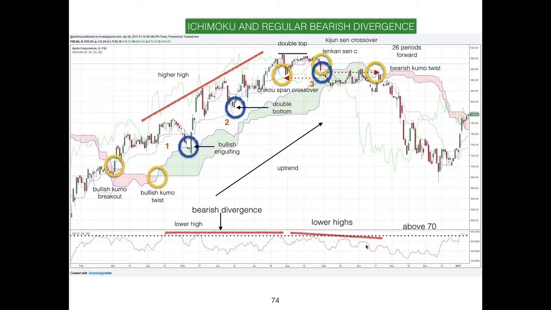There's a Kijun-sen bearish crossover and the Tenkan-sen bearish crossover. And the price breakout below the Kumo. So this sealed the fate for Ayala Corp. This was a chart in April as well. So a price breakdown followed.